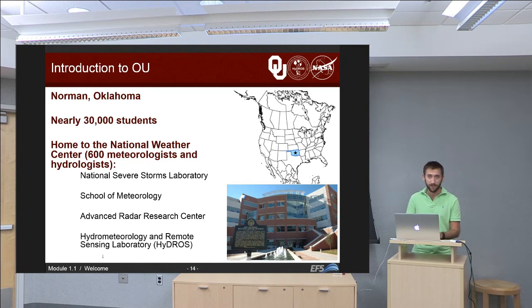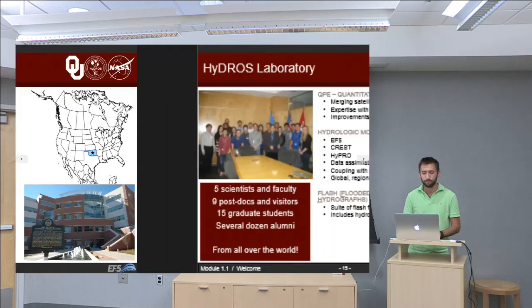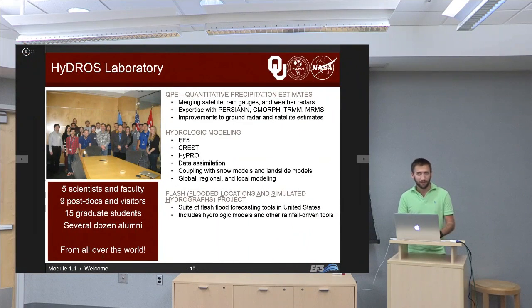But we do want to recognize people from NSSL, the School of Meteorology, and the Advanced Radar Research Center because all of them have contributed in various ways to the development and maintenance of EF5, as well as the development, maintenance, and filming of the training. The HYDROS Laboratory specializes in QPE, which is short for Quantitative Precipitation Estimates, hydrological modeling, which is what we're going to be talking about throughout this training, and then something called the FLASH project, or Flood Locations and Simulated Hydrographs.